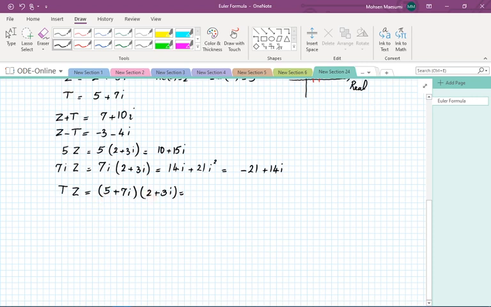So 5 times 2 and 5 times 3i, these entries, 10 plus 15i. And then 7i times that, we pick this number here, minus 21 plus 14i. And the result boils down to minus 11 plus 29i.